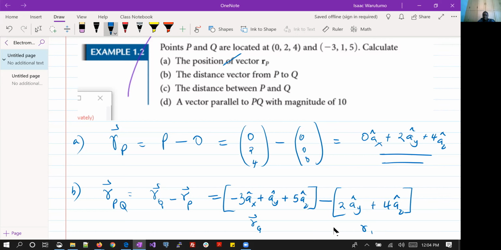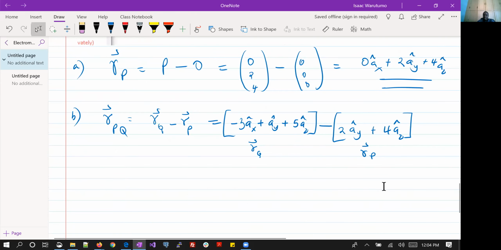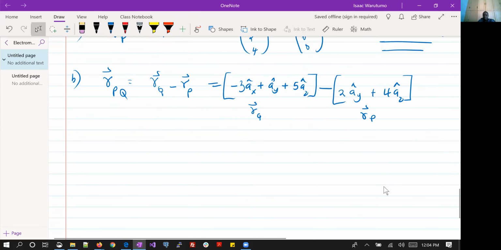Now, when you say RQ minus RP, it gives you the distance vector RPQ. And of course, this is simple mathematics. When you do that subtraction, you should get minus 3AX.